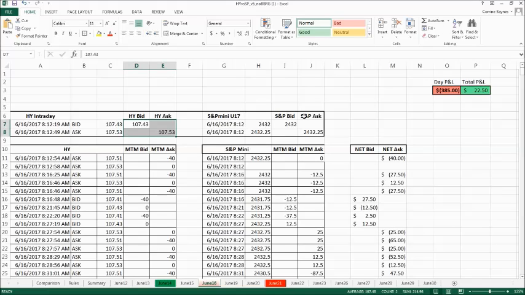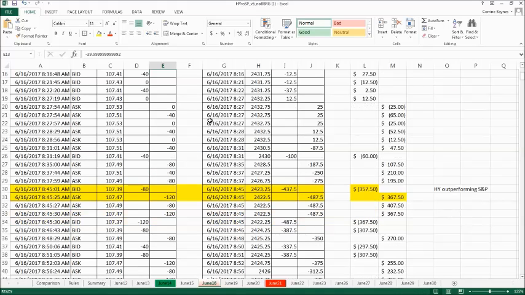The second day, skipping to June 16th on the calendar, same thing. We take a look at where the opening market was for the HY, and where the opening market was for the S&P. Once we get through that, we begin monitoring the P&Ls, and fairly quickly out of the gates on this day, the difference in P&L gets to more than $200.